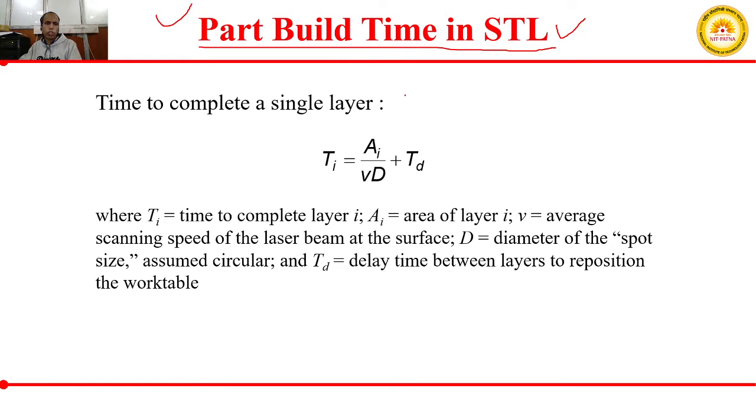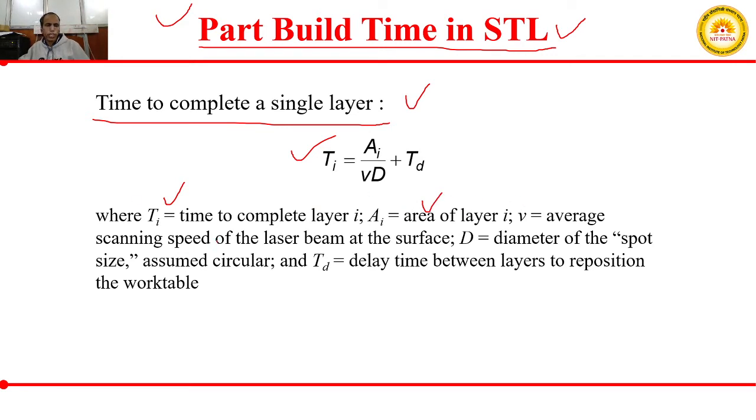This is calculated by using this formula, for a single layer: the time to complete the build, or the solidification, of a single layer. This may be given as Ti equal to Ai upon V D plus Td. Here Ti is the time to complete the single layer, and Ai is the area of your layer, the surface area of layer i.